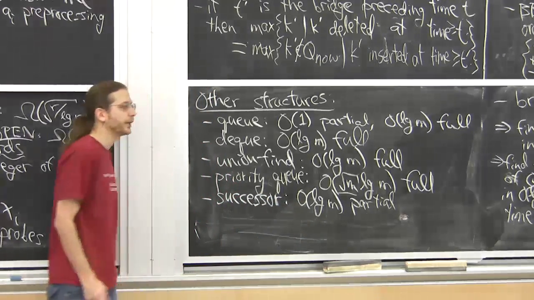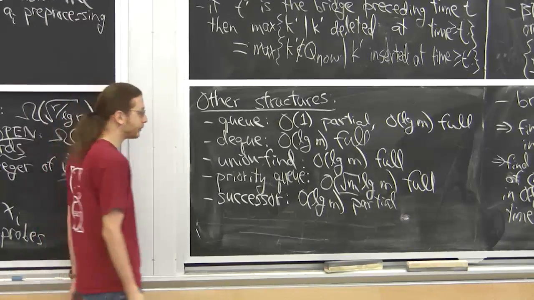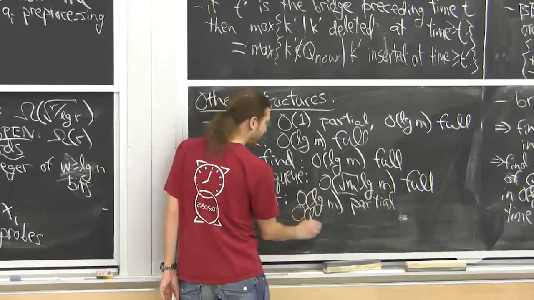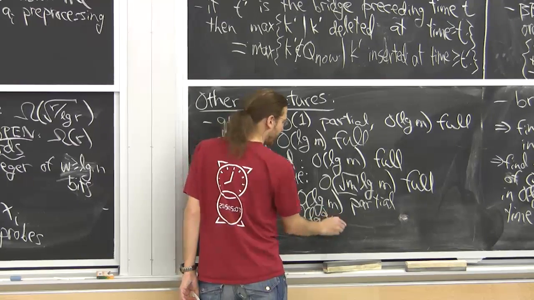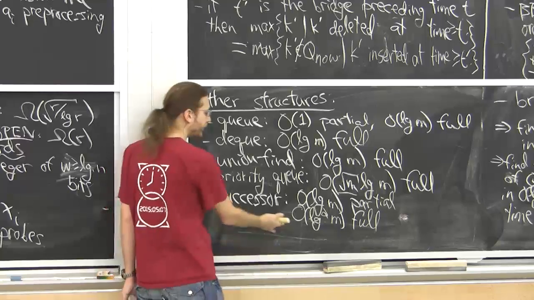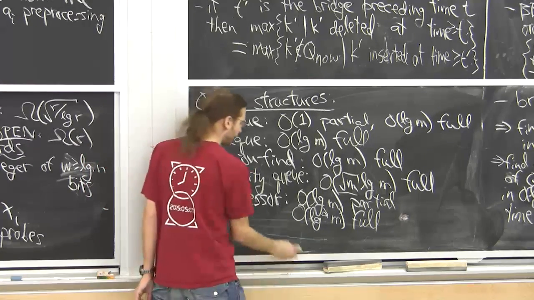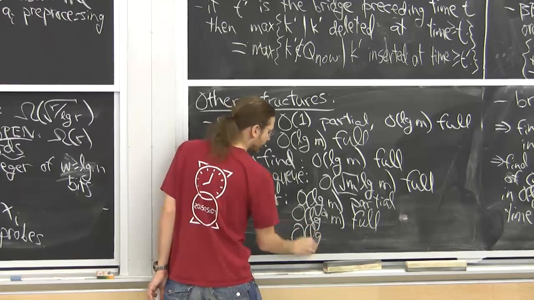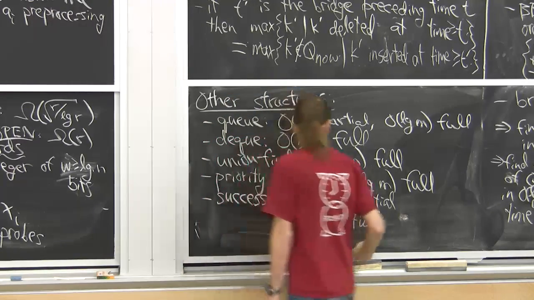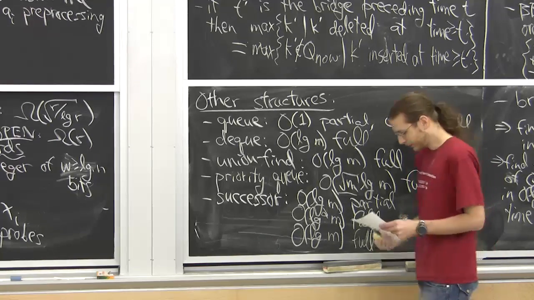In fact, it is a decomposable search problem, so I get full retroactivity, no problem, but I pay a log factor, so I get log squared m full retroactivity. That's where we left it back in 2003. But there's a new result, which is that you can actually get log m, without the square, full retroactivity. This is a complicated result.